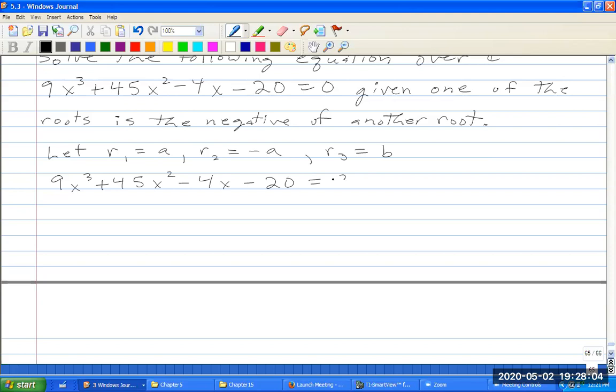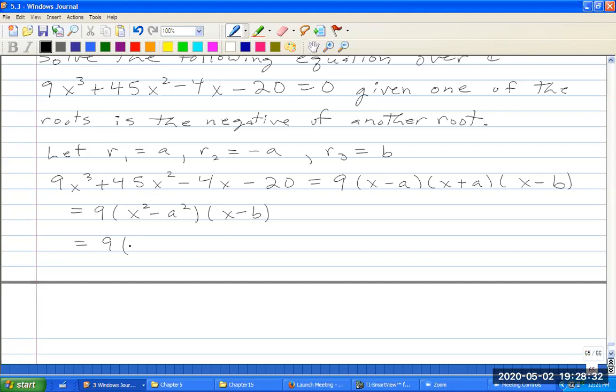Suppose it's equal to, well, let's write a 9 out in front, x minus A times x plus A times x minus B. And then let's figure out what A and B are. So this is equal to 9 times x squared minus A squared times x minus B.